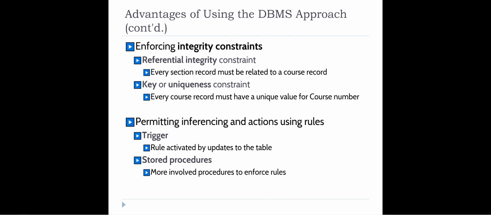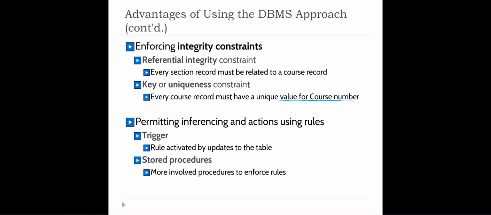Why? Because in a database, when we want to reach you, it's easy for us. We just put your ID and all information about you will be there. If there's no uniqueness, it's hard to reach people in case you want to collect information about them. So every course record must have a unique value for course number.